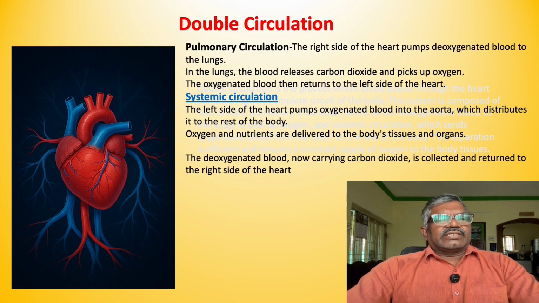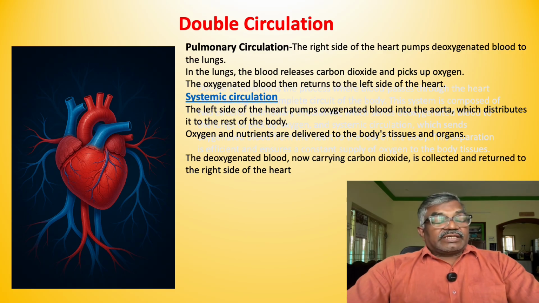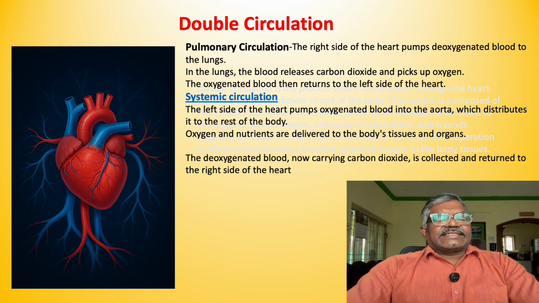One is known as pulmonary circulation, the right side of the heart, which pumps deoxygenated blood to the lungs. The right side contains deoxygenated blood.